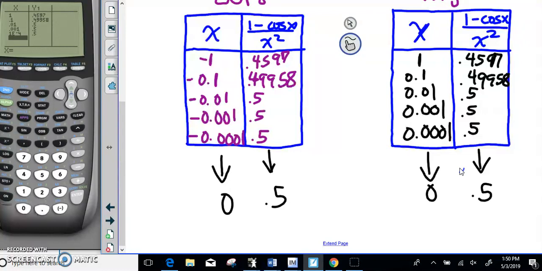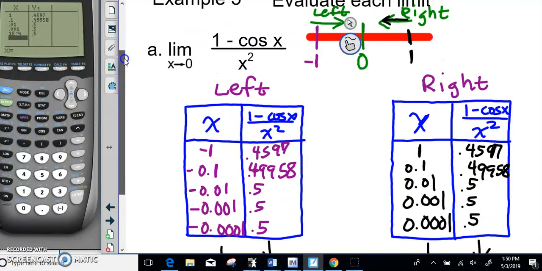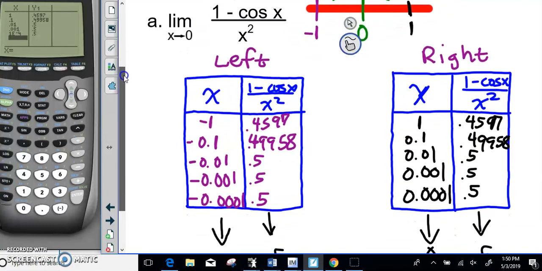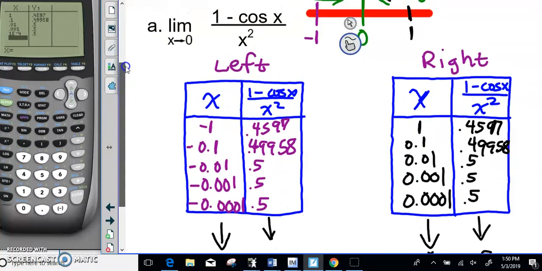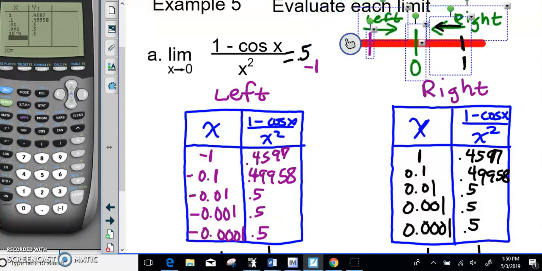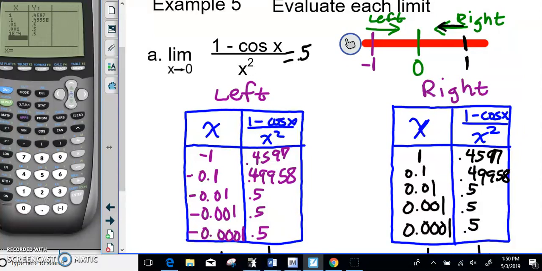In actual reality, it's not exactly 0.5 because these are long decimal numbers that can't be put in there, so the calculator just rounds it for you. So our answer for this problem is 0.5, because that's what both sides go towards.